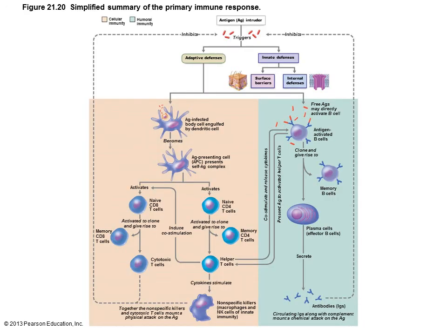This is the summary of how the primary immune response works. When an antigen enters your system, it triggers either an innate defense mechanism, which we talked about as surface barriers like skin and mucous membranes and internal defenses, or an adaptive response.